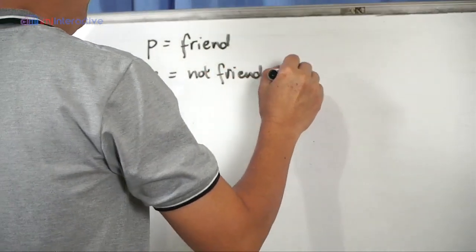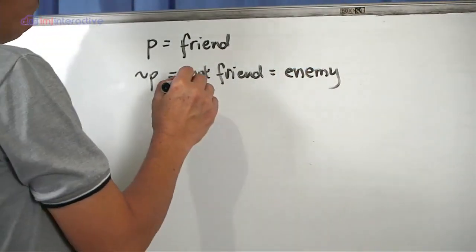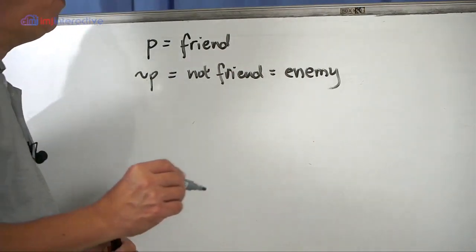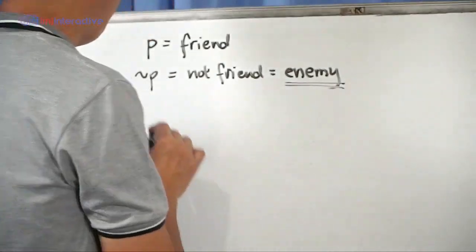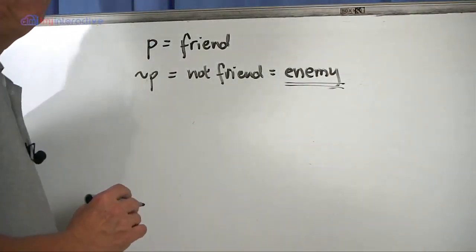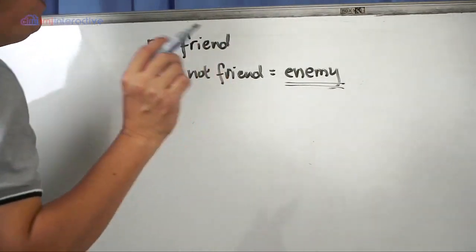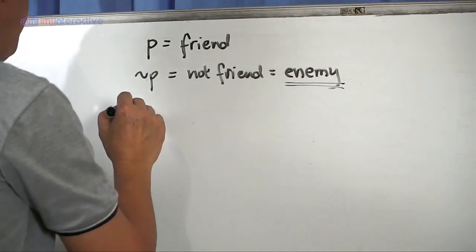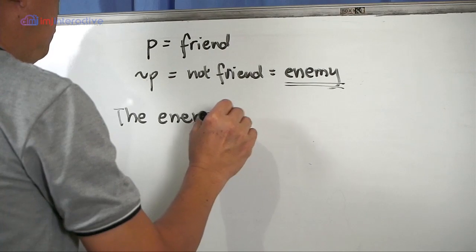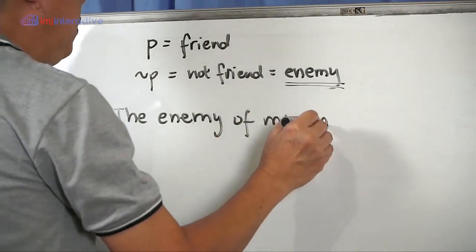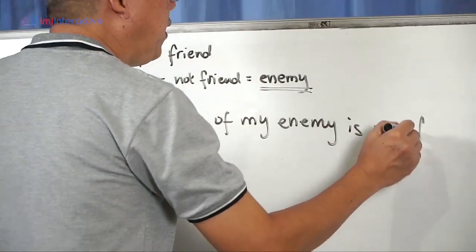An example: if you say enemy. Although this is not a very good equivalent for not a friend, since if you are not a friend, it doesn't always follow that you are already an enemy. But for simplicity's sake, let's say enemy is the negation of P. Oftentimes you will hear politicians say, the enemy of my enemy is my friend.